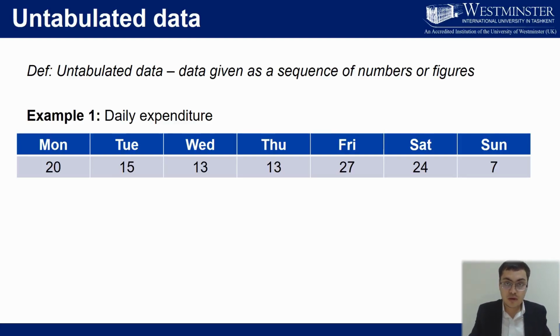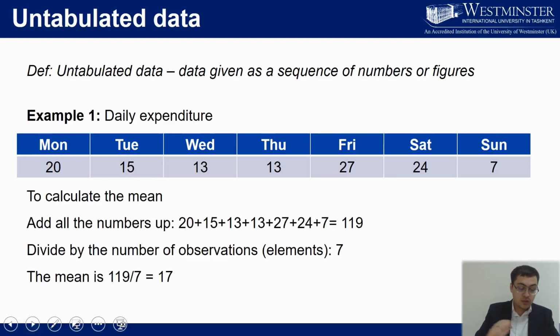So the most common response to this question, what is your average daily expenditure, is to just add these numbers up and then divide by the number of numbers. That is the most common way of answering this question, and it is what is known as the mean. The mean is also known as the arithmetic mean or the arithmetic average.